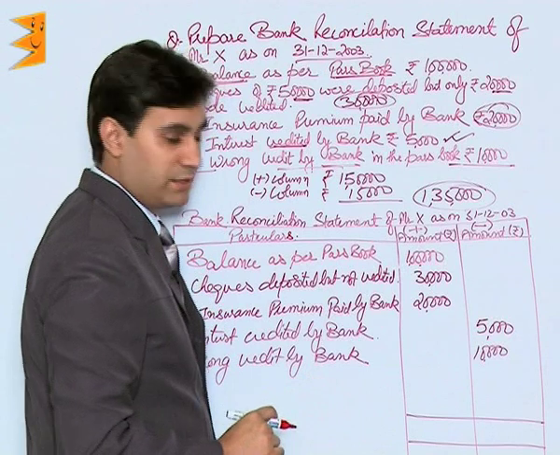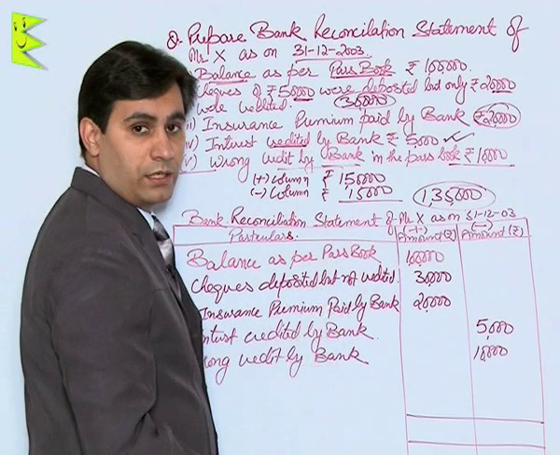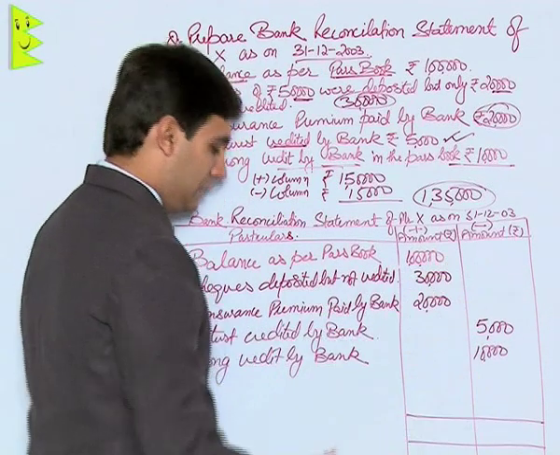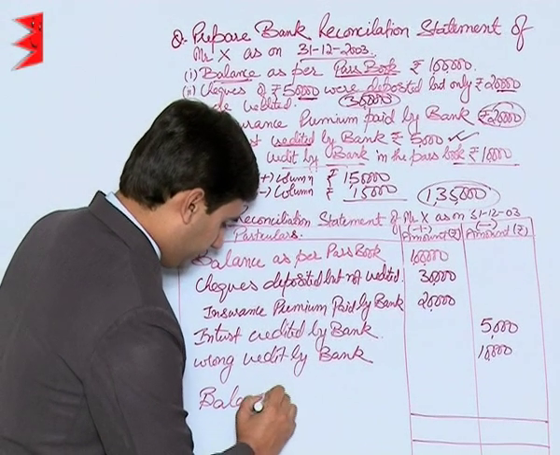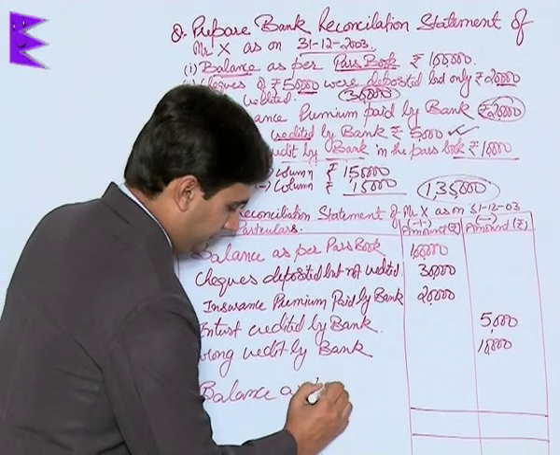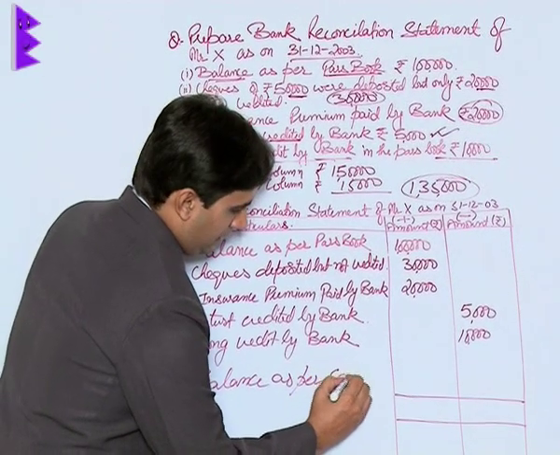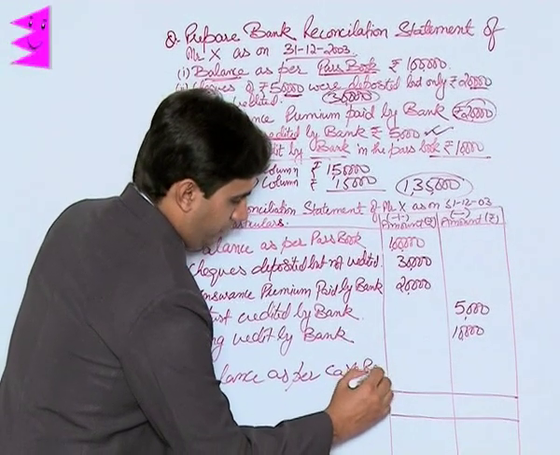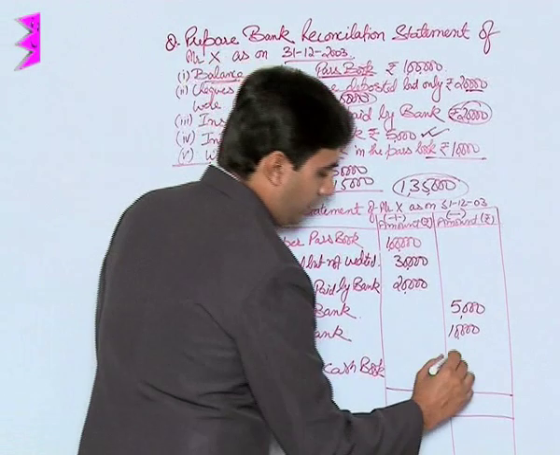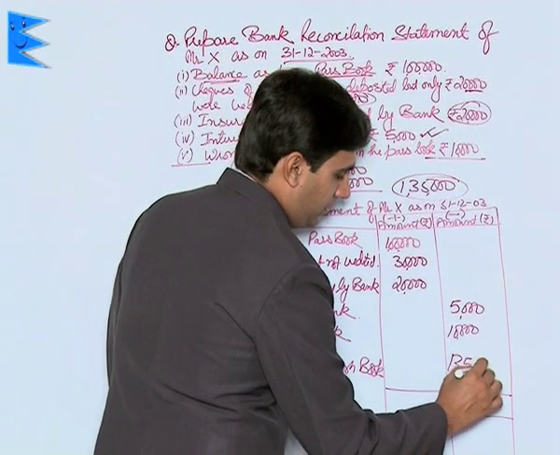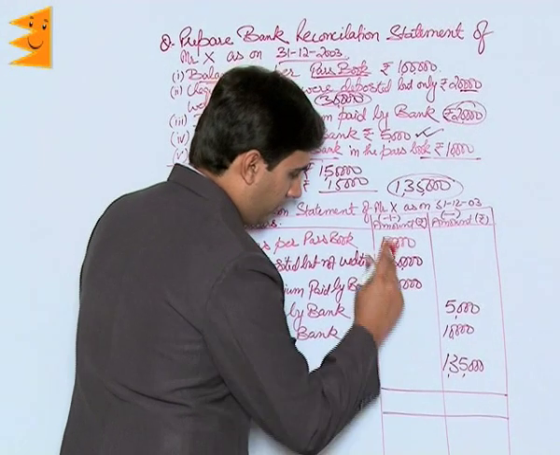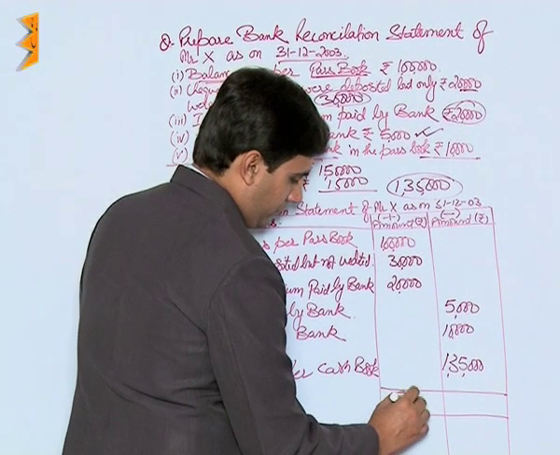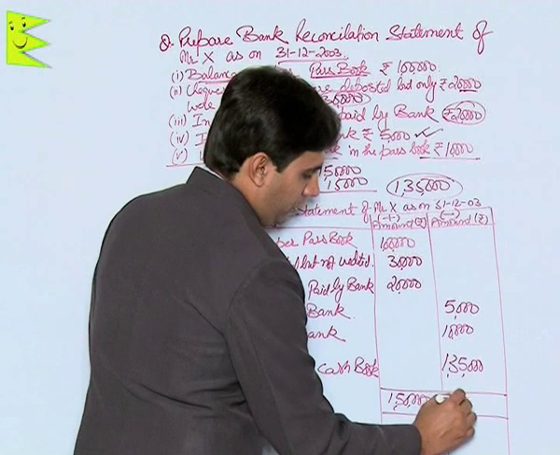1,35,000 as the balance. So this will now appear in the minus column, but this is actually the balance as per cash book, 1,35,000, and again the total will be 1,50,000 in both the columns.